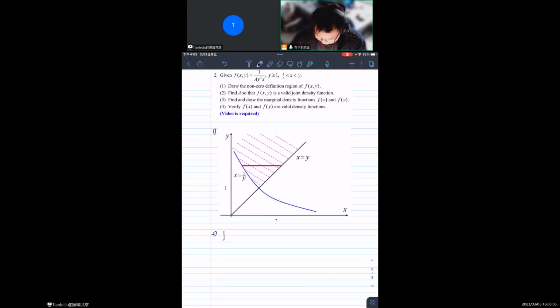So like the clue said, we'll do it this way. Oh wait, sorry. The integral from 1/y to y of a x dy. Writing out this formula, we can have this one.